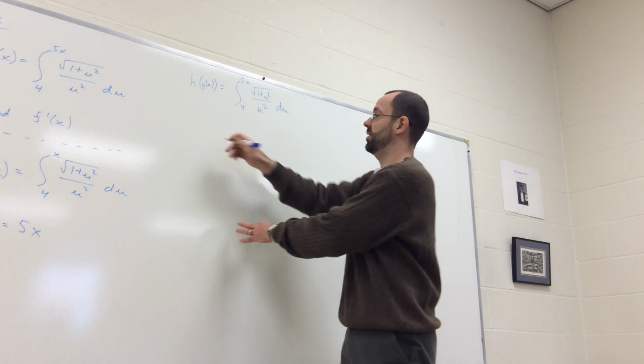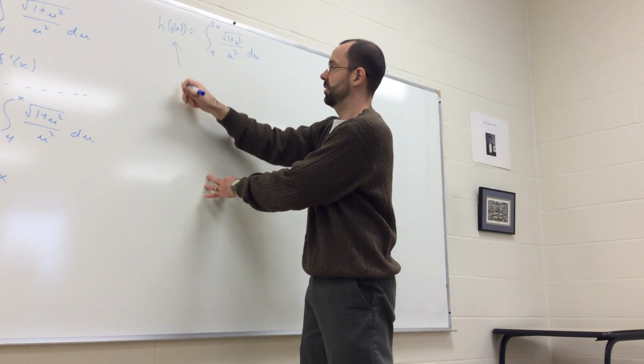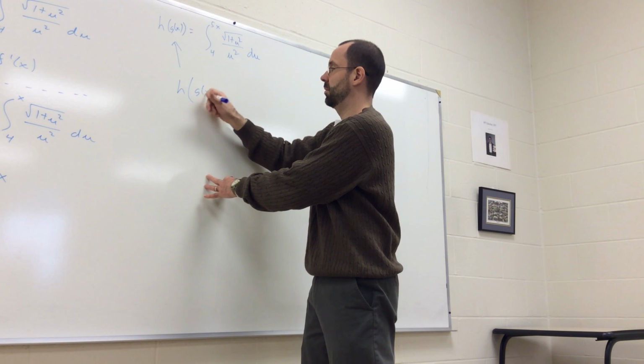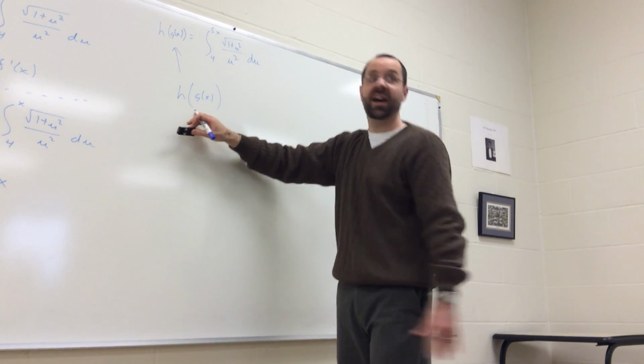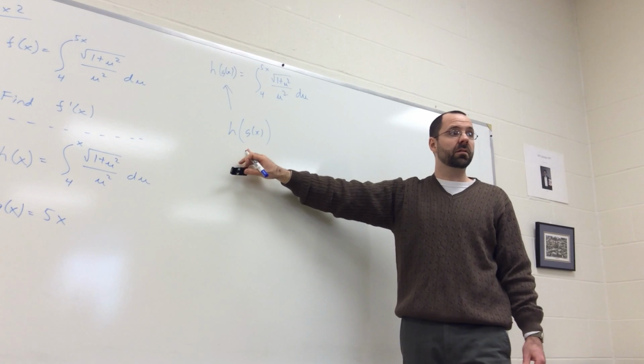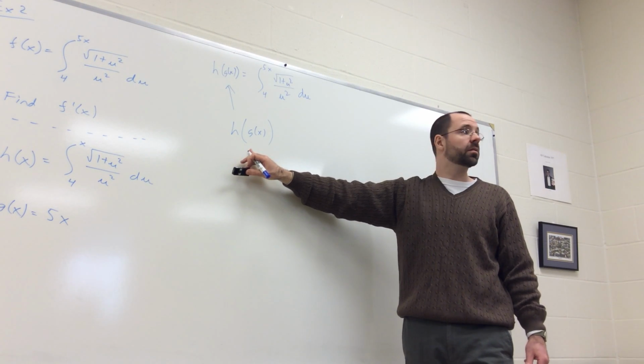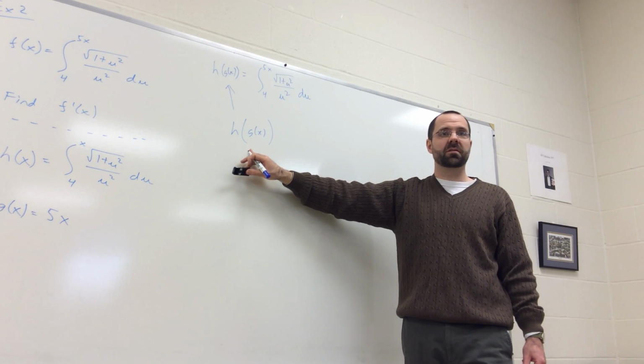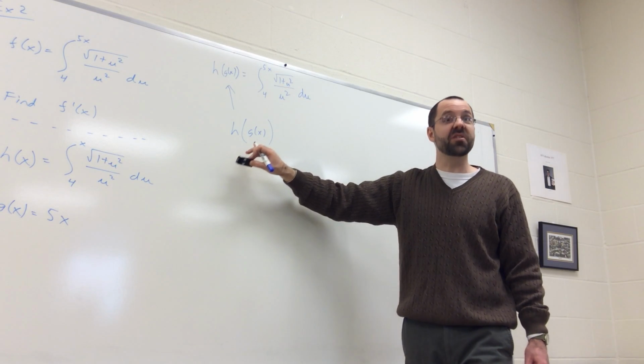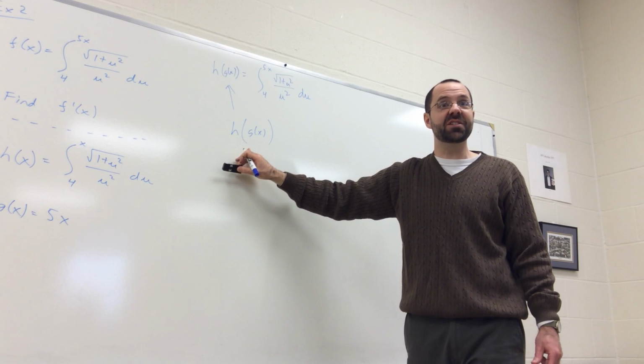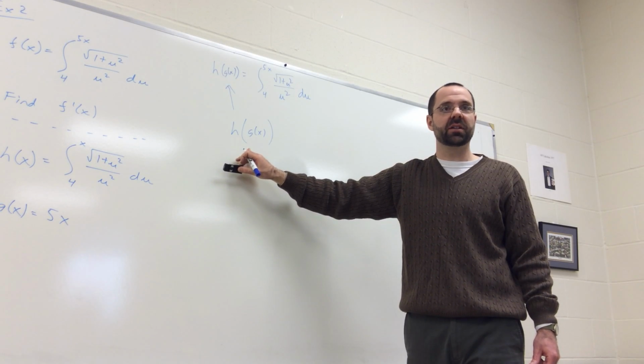Okay, so what's the fancy name for this kind of a thing? When you take the derivative of this kind of a thing, you need to use chain rule. Good.